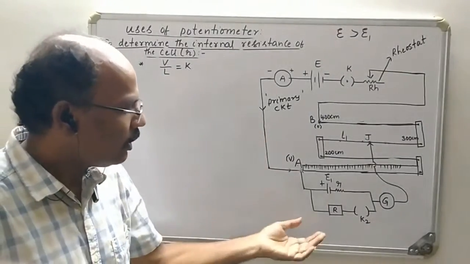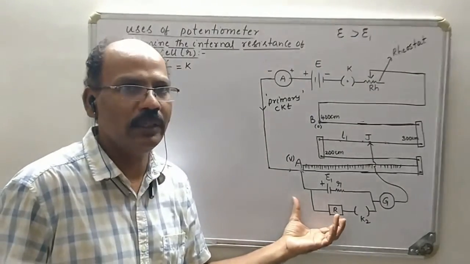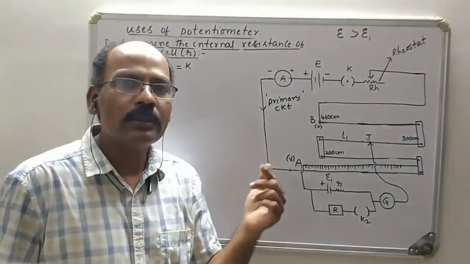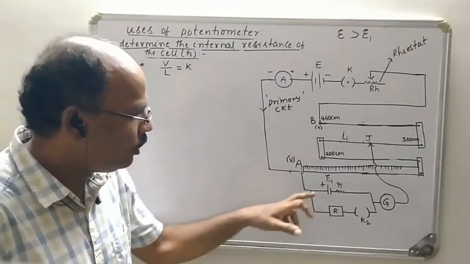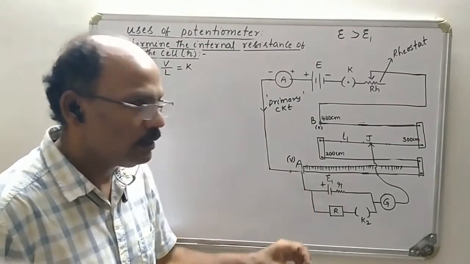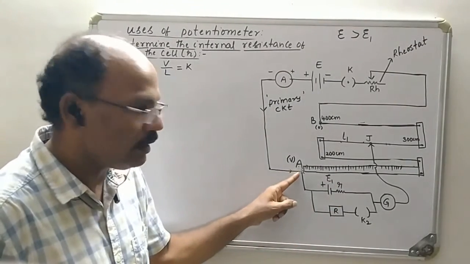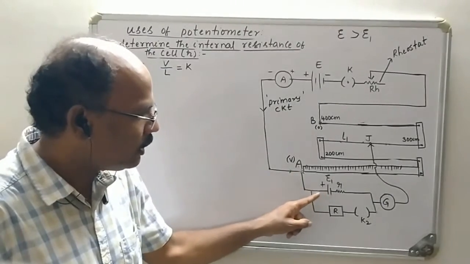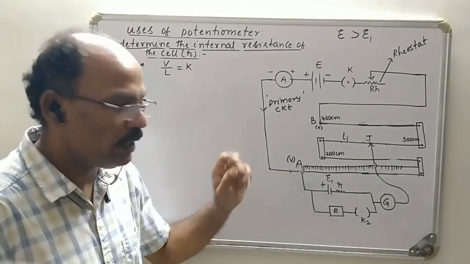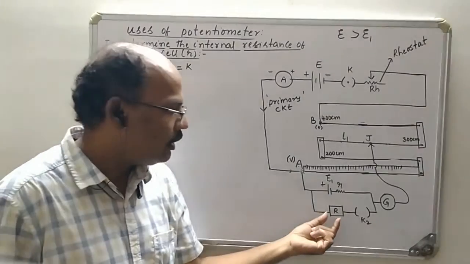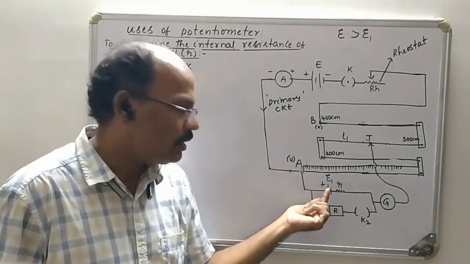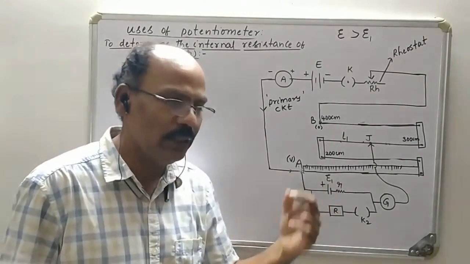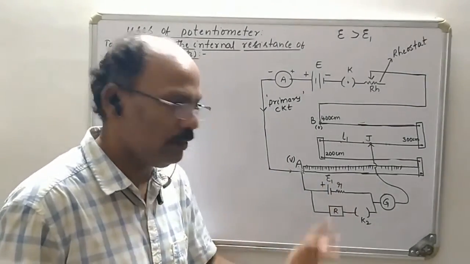This is the primary. Coming to the secondary, this is important. The cell whose internal resistance is to be measured, having EMF E1, is connected at point A such that the positive polarity is connected to the point A, and a resistance of value R is connected across the cell E1 by means of a plug key K2.